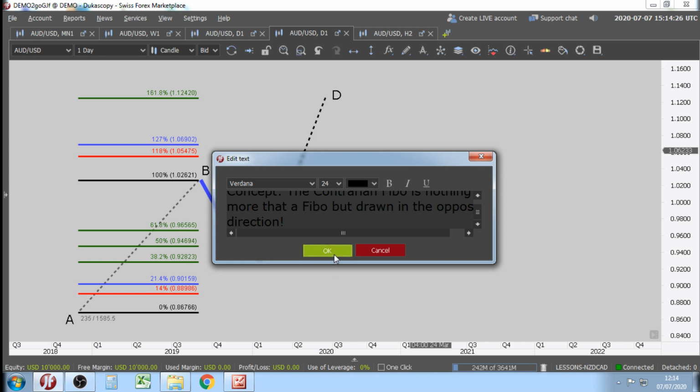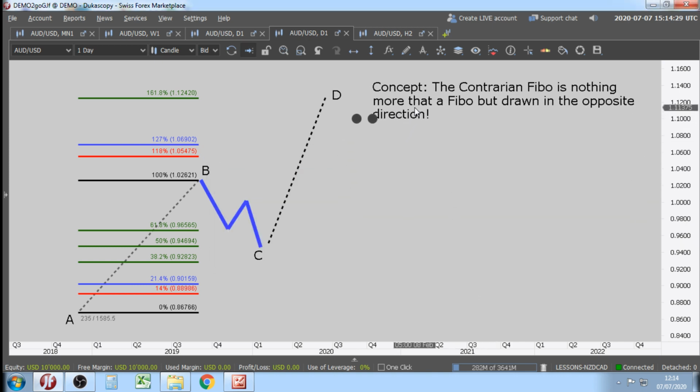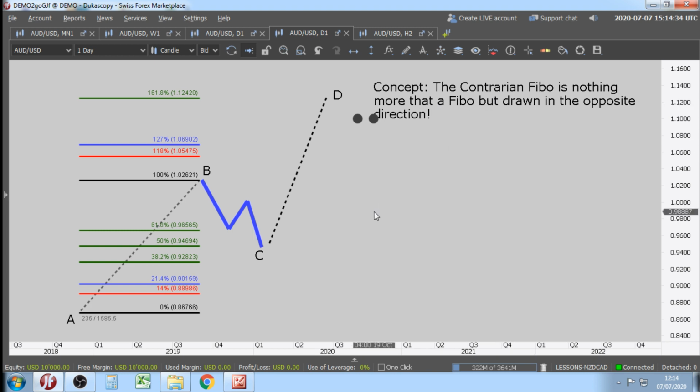I hope my English is correct. Okay, the contrarian Fibonacci is nothing more than a Fibonacci that is drawn in the opposite direction.